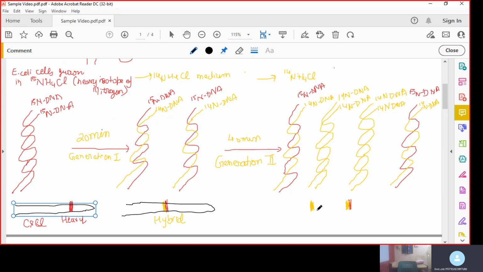Again the density gradient centrifugation against cesium chloride was done, and this time we obtained one hybrid and one light band. Had it been conservative mode of replication, we would get a light band and a heavy band, but since we got a light band and hybrid band, it is known as semi-conservative mode of replication.